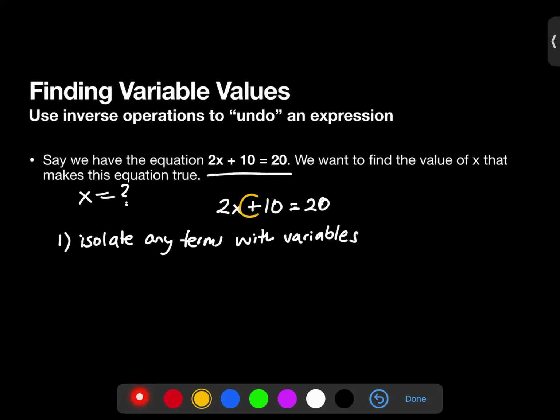So this is addition, right? What is the inverse of addition? Subtraction, correct. So we will subtract 10 from both sides of the equation, because that's the inverse operation.